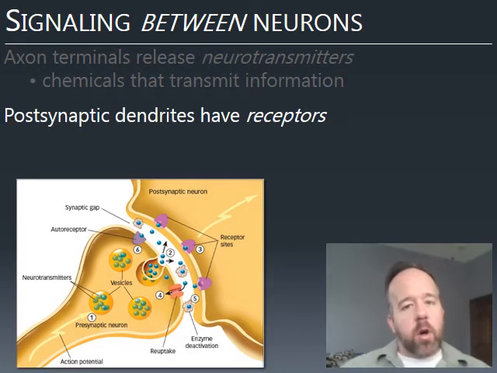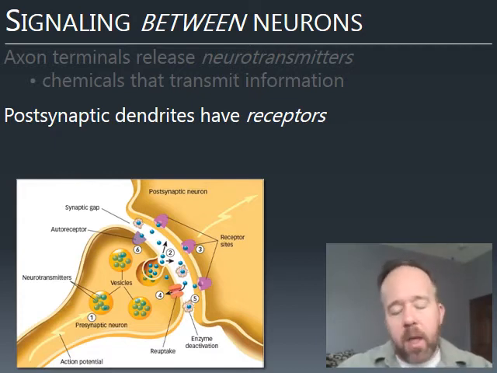Now this is sort of a more close-up view of that diagram we had earlier at the synapse. We can see the vesicles, these little circles or sacs, within the presynaptic neuron that hold on to neurotransmitter until an action potential comes along and causes it to be released. When neurotransmitters are released, they're released into that synaptic cleft. Your book calls it a synaptic gap.